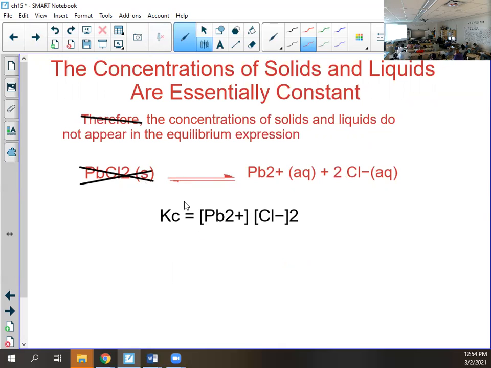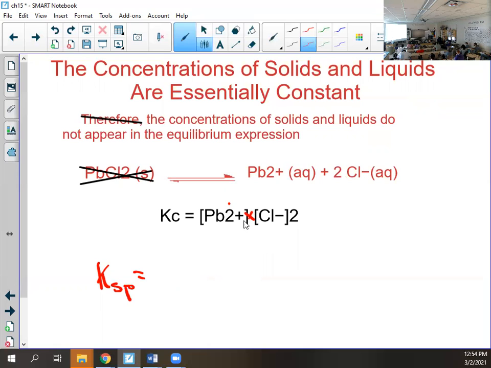This is chapter 17, and these things are called KSP. If we did this, it would be KSP. It's called the solubility product because it is the solubility of these two things, and you multiply them by each other.